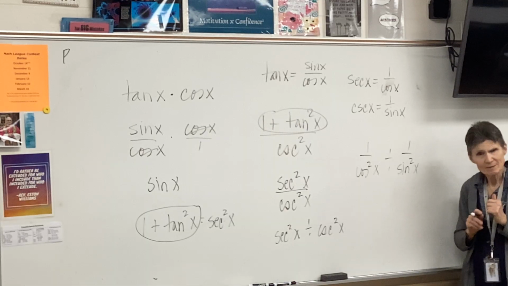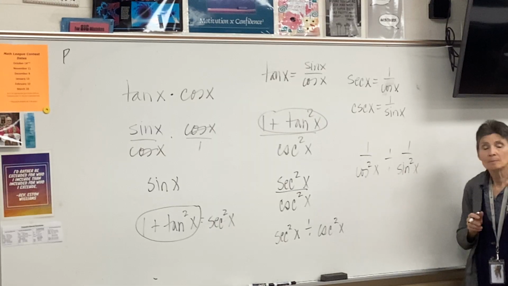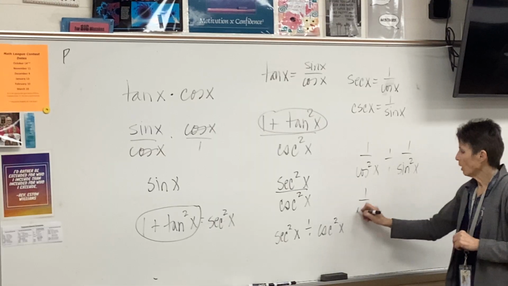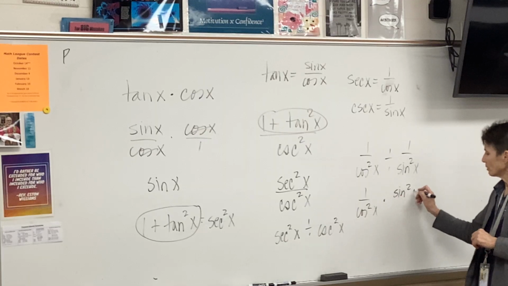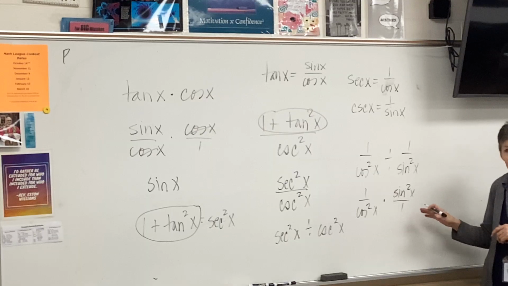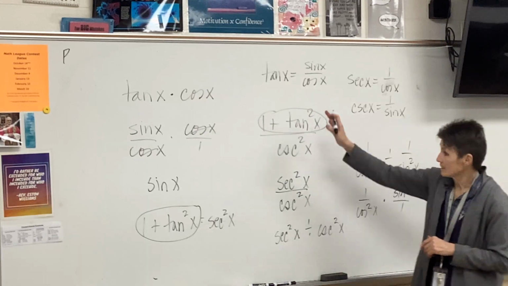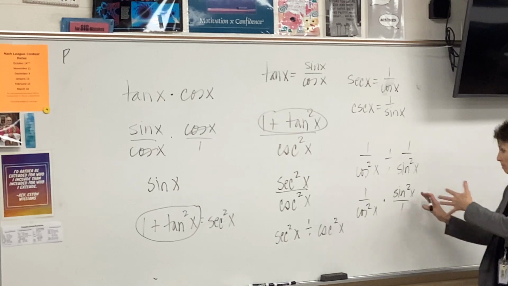Now, how do I divide fractions? This is a fraction divided by a fraction. Keep change flip. So 1 over cosine squared times sine squared over 1. Nothing cancels. Over here somewhere, we had a problem where stuff canceled. Nothing cancels. I'm just going to multiply.